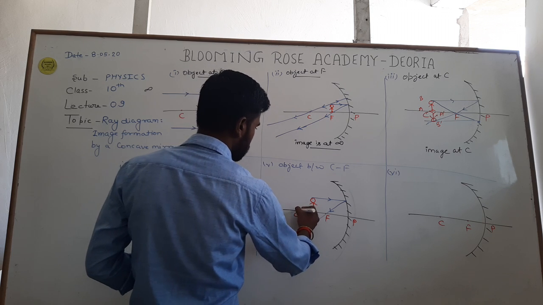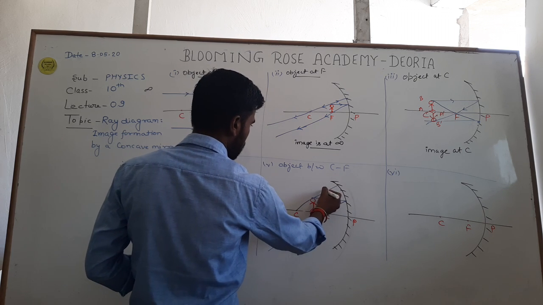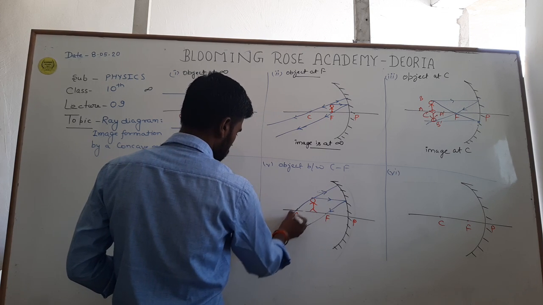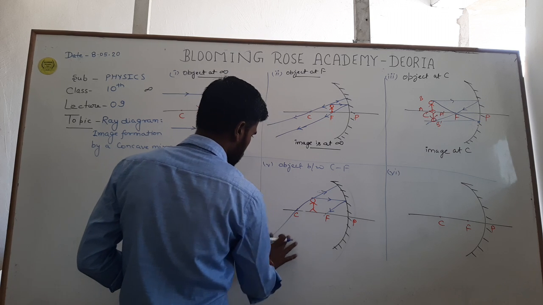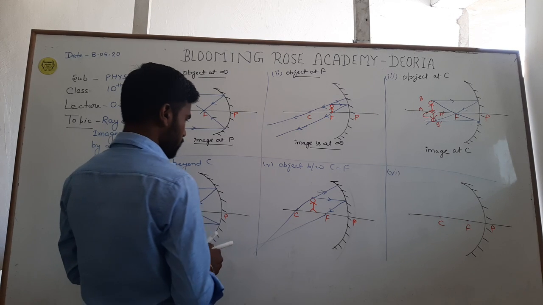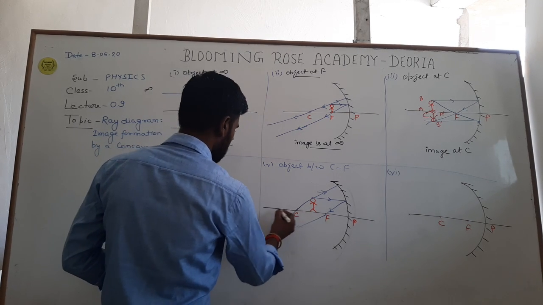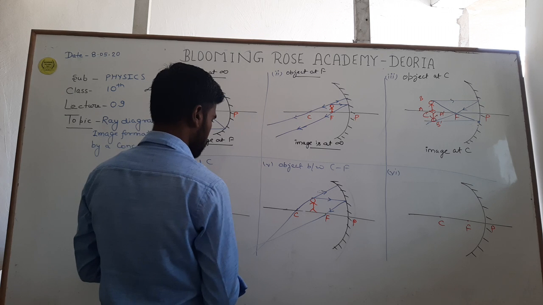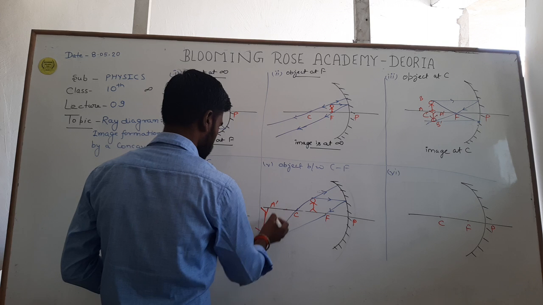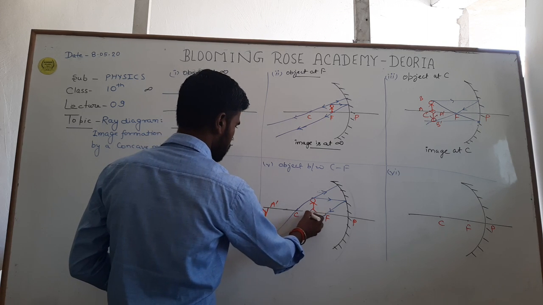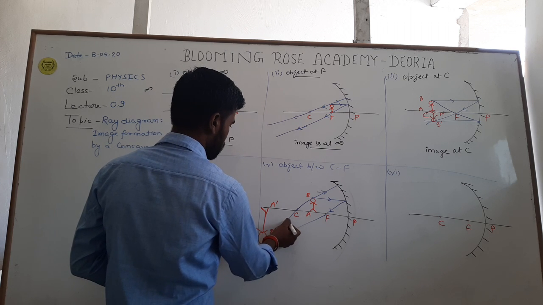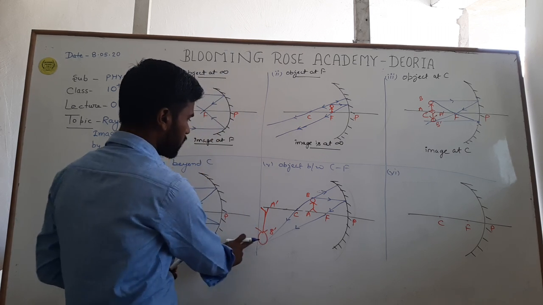When it goes through this and comes back again through this straight path, we get the image of the object beyond C, as we have written in the table. So here you can see that the image is enlarged, A dash B dash, where AB is the object. So you can see that the rays meet beyond C.